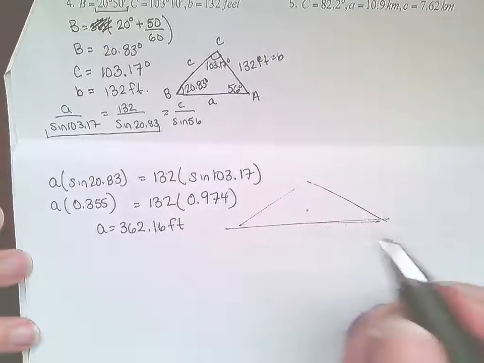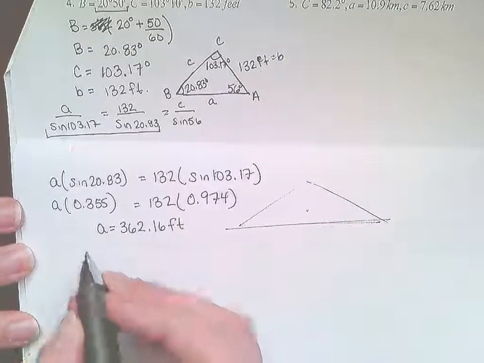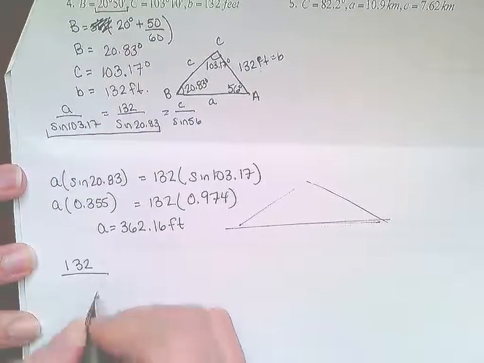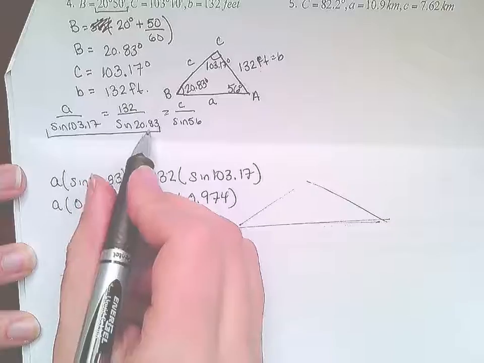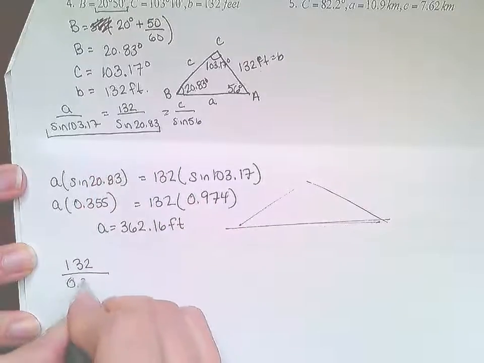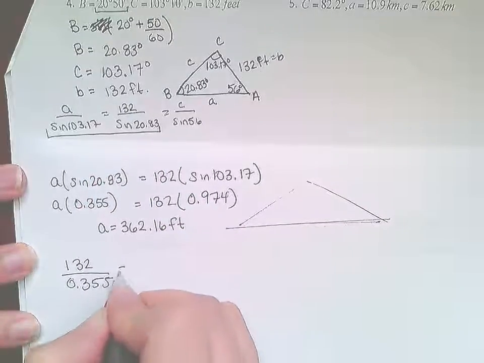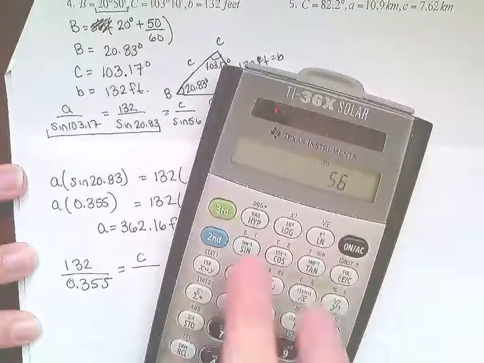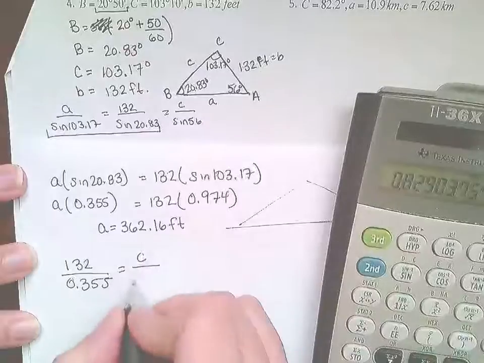So now to find C, I'm going to use 132 over sine of 20.83, which was 0.355, equals C over sine of 56, which is 0.829.